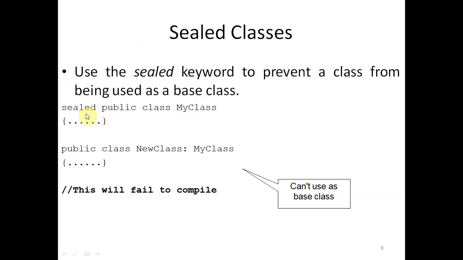Suppose we have defined the final keyword before any class, it means it is a sealed class in Java, while in C#.NET we have to write the sealed keyword to close the class, meaning the class cannot be inherited further. So this is the program of the sealed class.